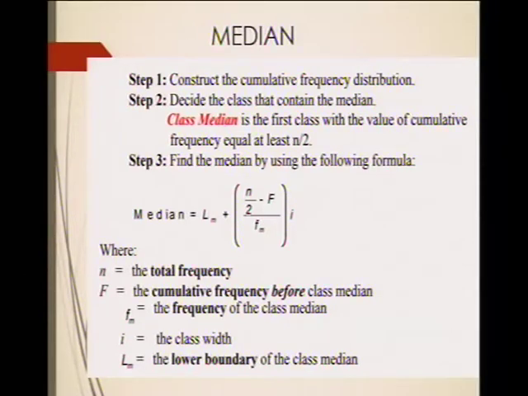Okay? These things are very simple to follow. Now, for you to find your median class, first you need to construct a cumulative frequency distribution. Okay? And then you have to know which one is your median class. And the median class is found by dividing n over 2.